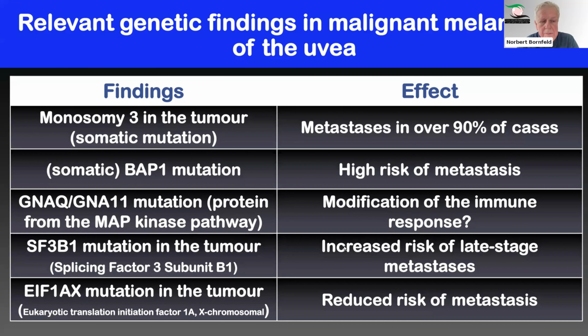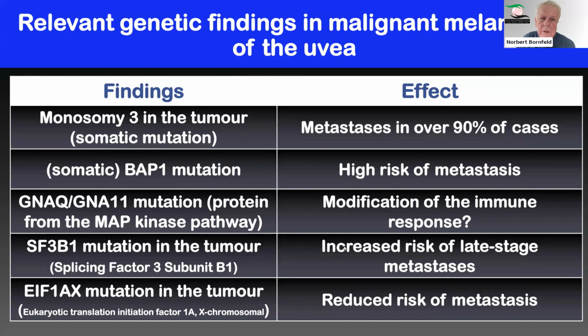That correlates to a somatic BAP1 mutation, and there are other genes which are now explored, and GNAQ, GNA11 mutation is important. I will go into that mutation and that gene later in my talk. And there are two others, SF3B1 mutations and what is called EIF1AX mutations in the clinical routine.